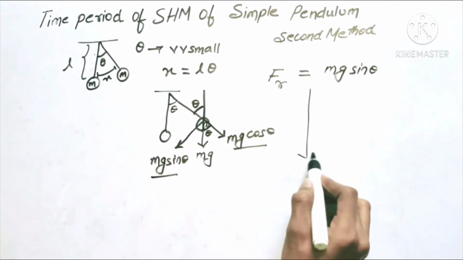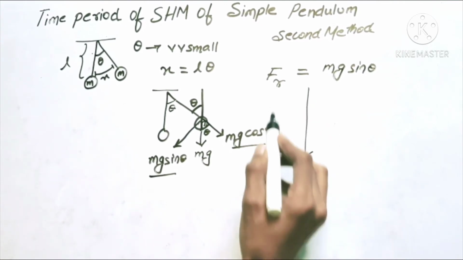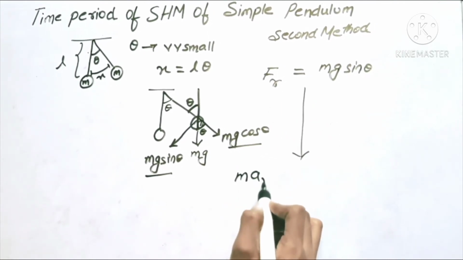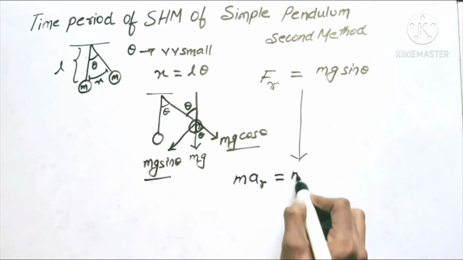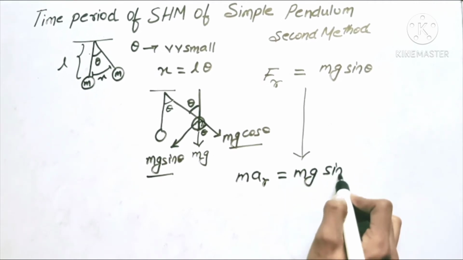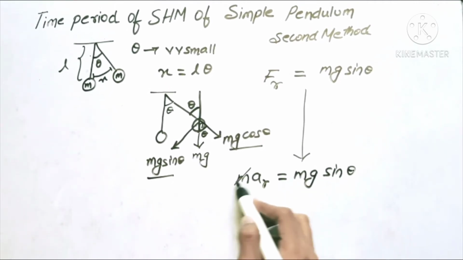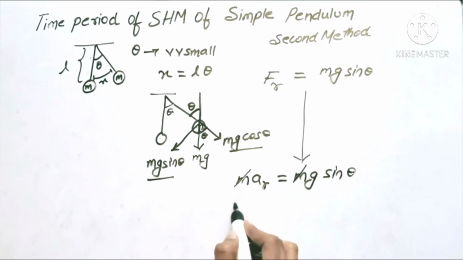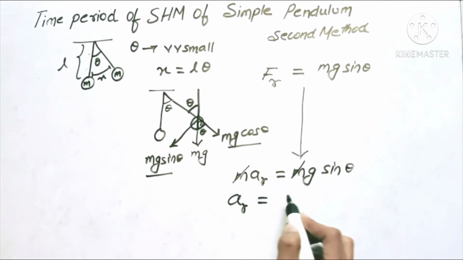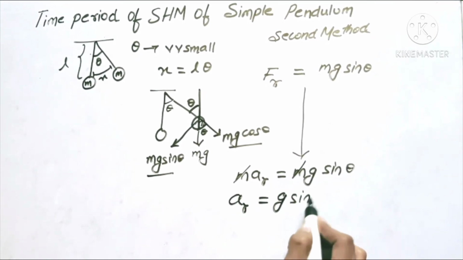So this restoring force, we can write it as mass into restoring acceleration is equal to mg sine of theta. The m gets cancelled. We have this restoring acceleration as g sine theta.